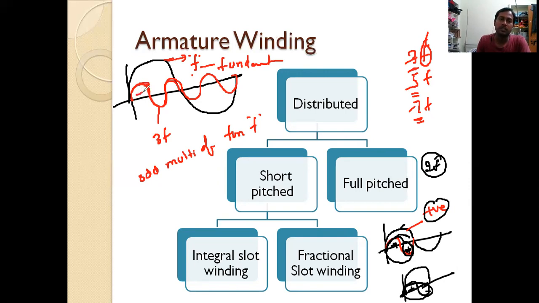Why are odd harmonics present? Because this is positive, here negative, again here positive, so positivity is more and the waveform will be shifted like this. Look at this one. I want to erase these things.